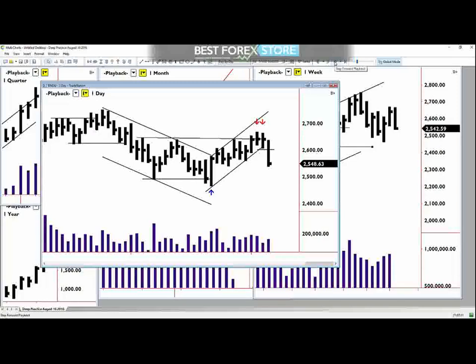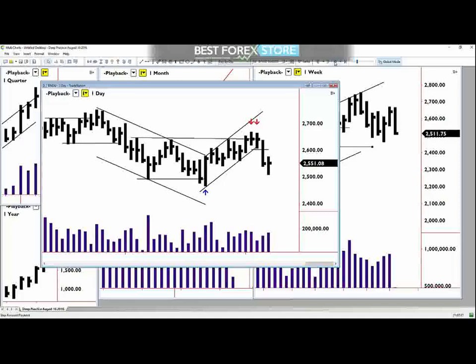Well, so everybody's short here, okay? And that was a pretty good move in here. Okay. And let's see what happens with this.